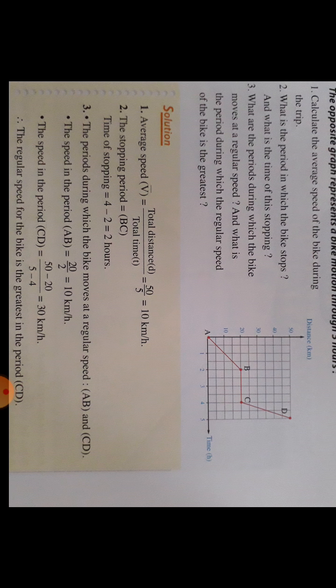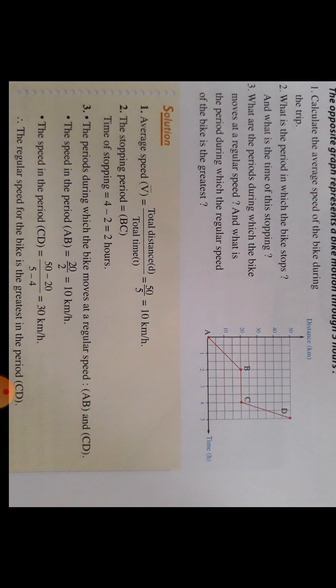Number 3. What are the periods during which the bike moves at a regular speed? AB and CD. But what is the period during which the regular speed of the bike is the greatest? So here we need to calculate the speed through AB and CD.